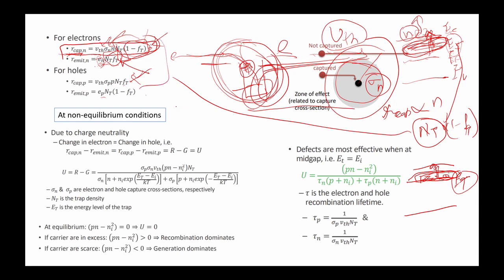Okay, at non-equilibrium conditions, I will take a new slide also. At non-equilibrium conditions, if this is the conduction band and this is the valence band, suppose we shine a light over this just for a fraction of a second.